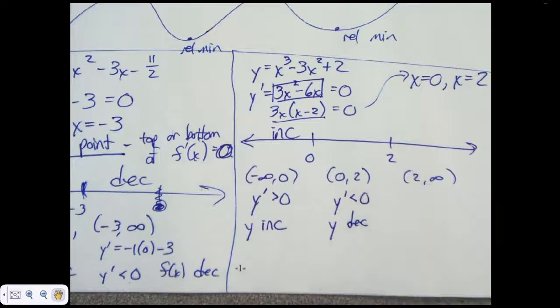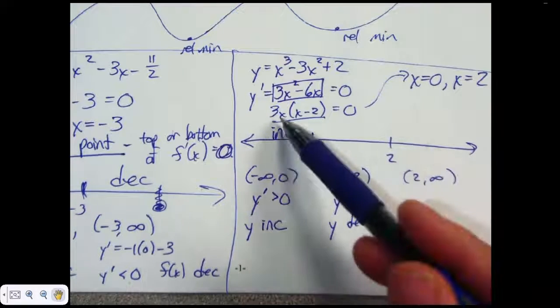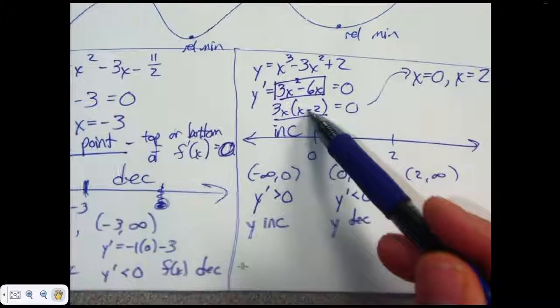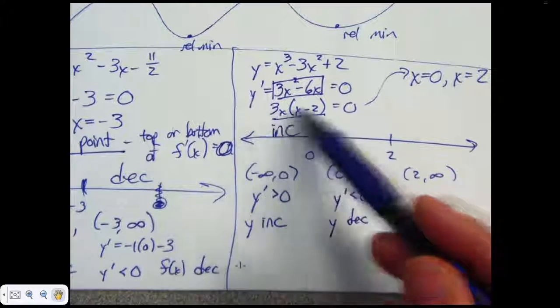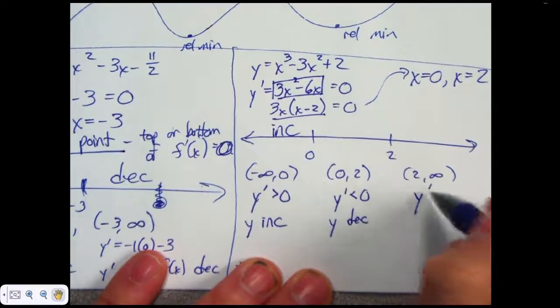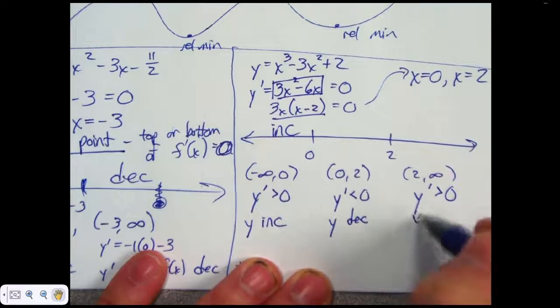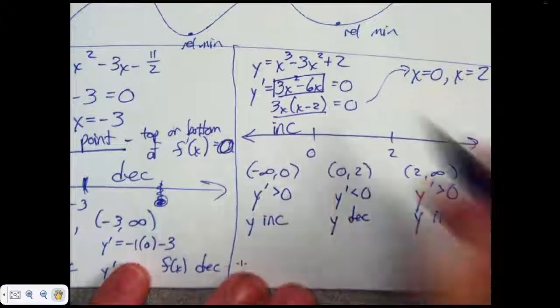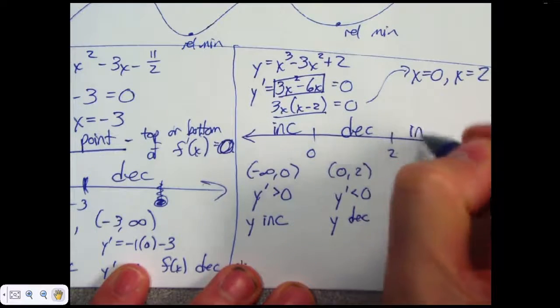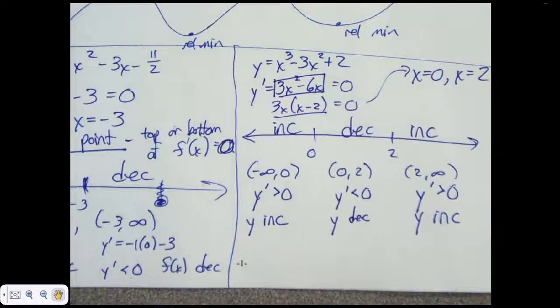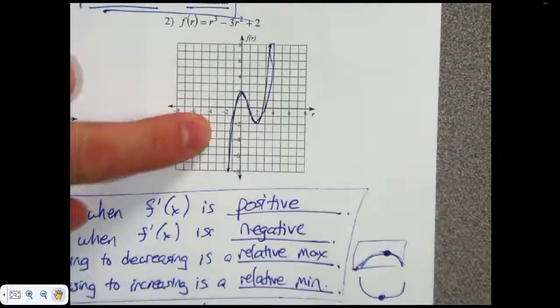Same thing here, plug in whatever you want, let's say 5. That makes the 3x positive and the x minus 2 positive also, right? So positive times positive, y prime is positive, which means y is increasing. So my graph goes increasing, decreasing, increasing. We start to visualize that up, down, up, which is what we have, right?